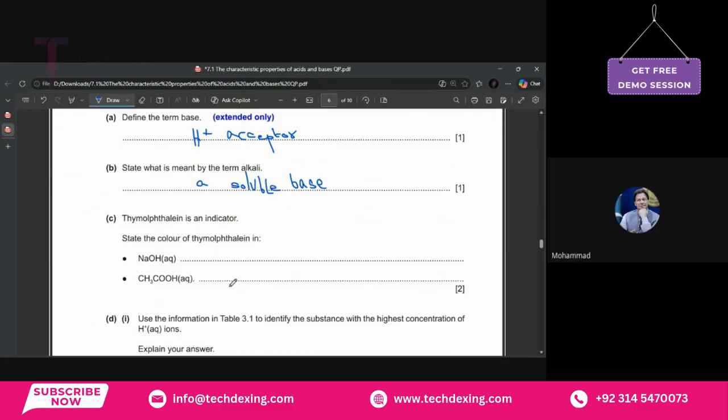For the first one, it's sodium hydroxide, which is an alkali, so it would be blue. And the second one is ethanoic acid, which is an acid, so the color is, yes, very good, it would be colorless.